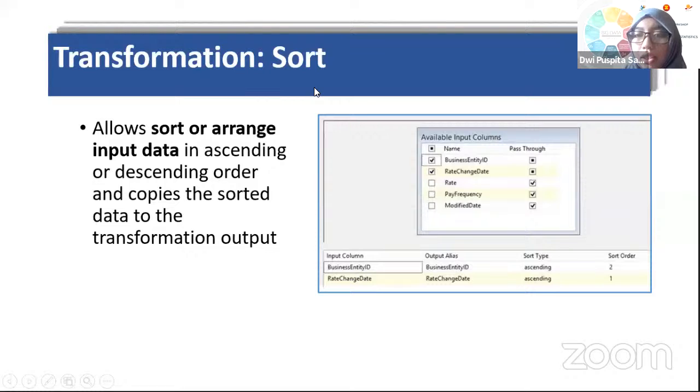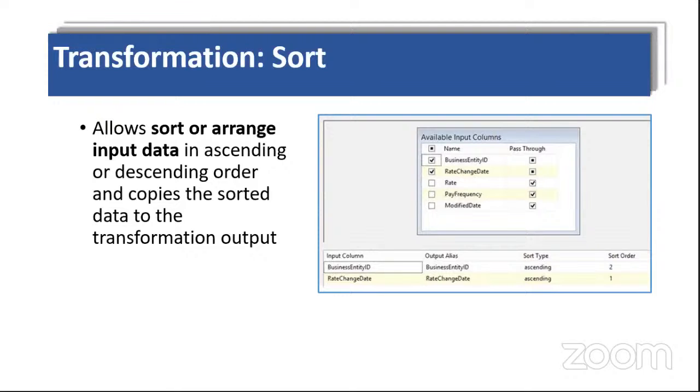Sort is basically arranging your data in ascending or descending order. For example, for code, from 1 to 3, that's ascending, or for alphabetical data like names, you can sort from A, B, C, D, and so on.